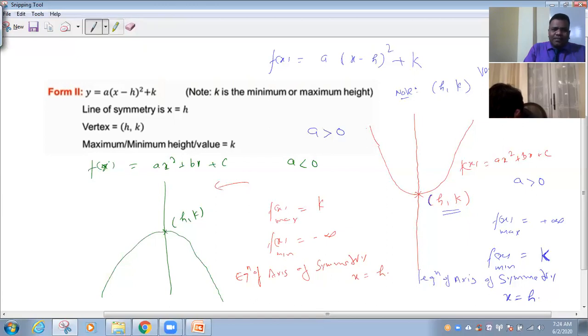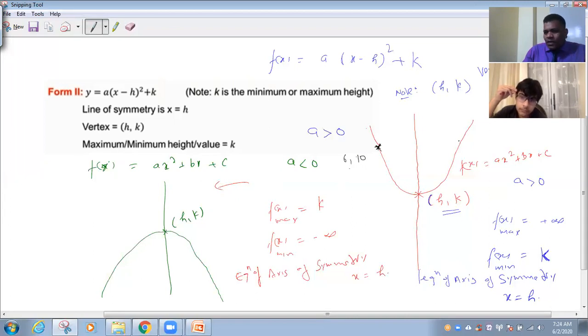Okay, let me ask some additional questions, just think and give the answer. Let us say the coordinate of this point is, anything, 6, 10.